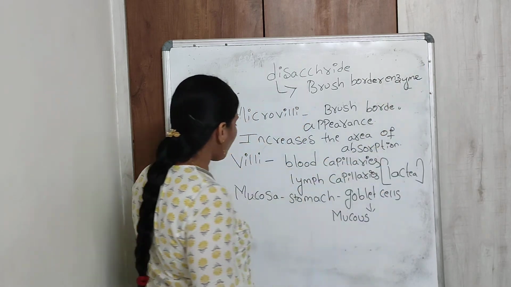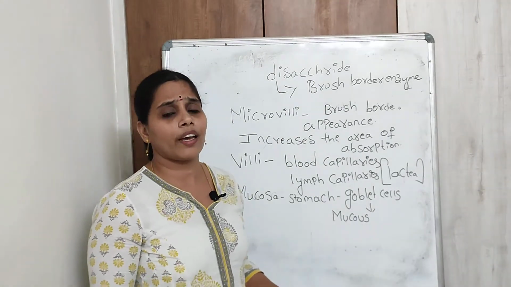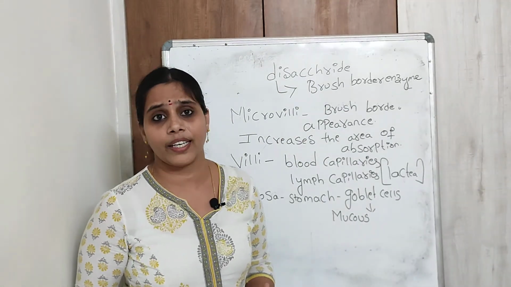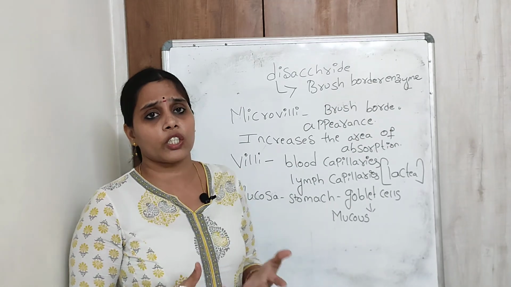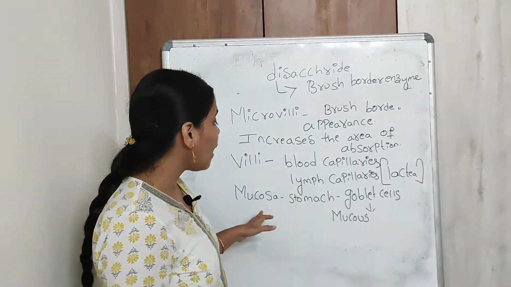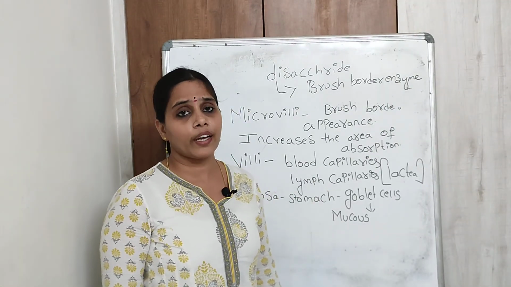So what is the importance of mucus? Mucus protects the wall of the alimentary canal from the action of different enzymes. It even makes the food wet and slippery, for lubrication, so that it can easily go to the next part of the alimentary canal.